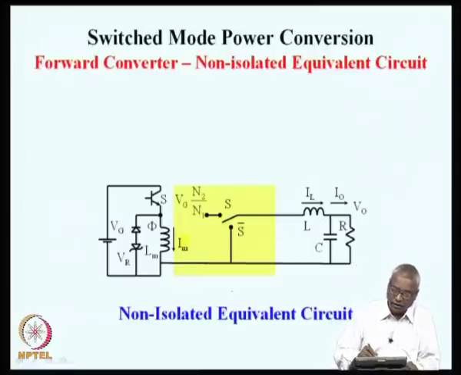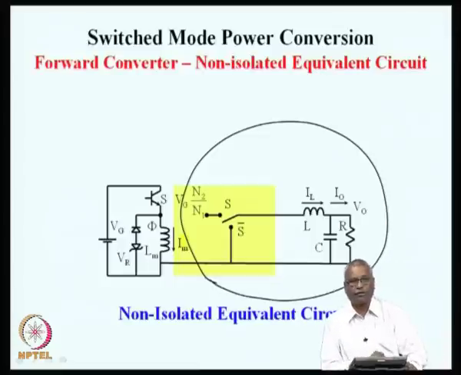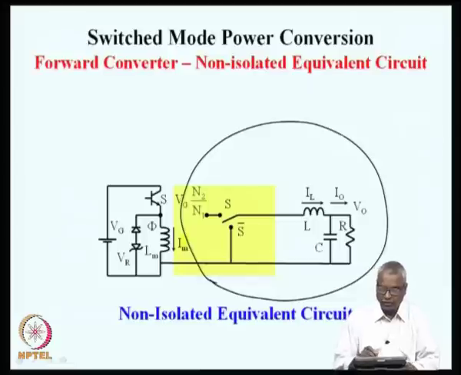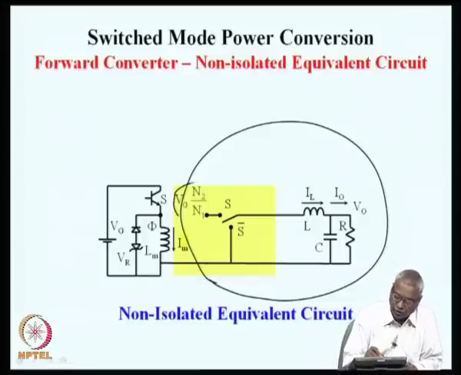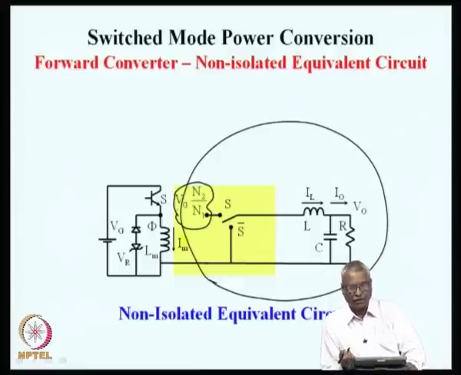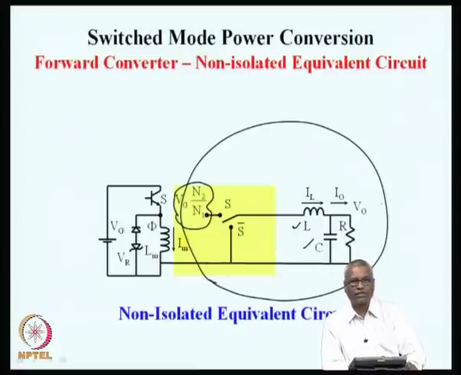are concerned, we can draw an equivalent circuit where we have a non-isolated equivalent circuit which is subjected to a voltage of Vg into N2 by N1, and the rest of the circuit, the L, C and output voltage, all these things are as before.